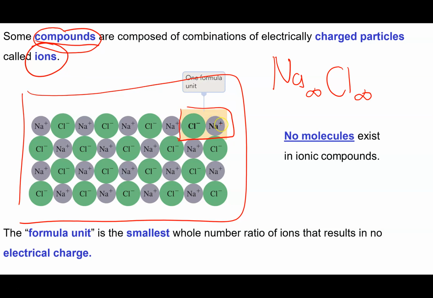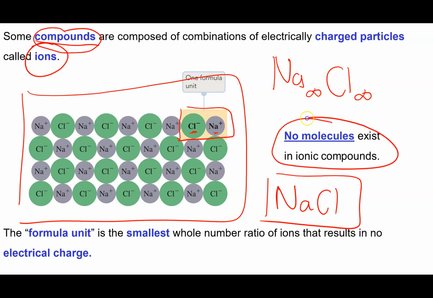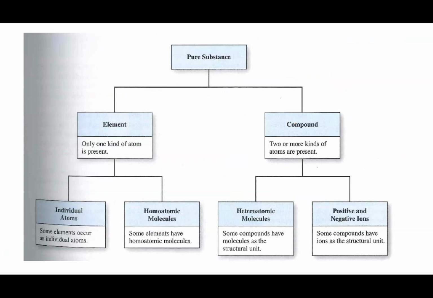So you can see that here I've got +1 being added to -1. Those added together give me 0 electrical charge. And that's going to happen when I have 1 sodium and 1 chlorine. So I would write the formula of this as NaCl. We're going to talk about ionic compounds a lot more as we go through the class, but it's important to realize that for ionic compounds, you don't have molecules.